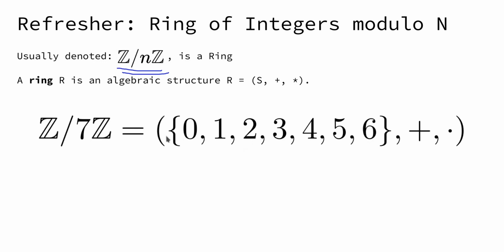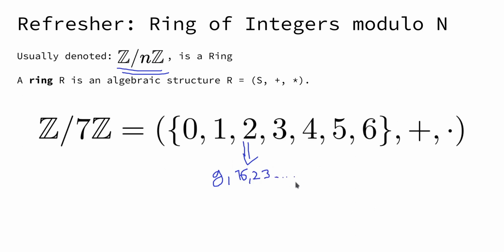But you have to remember these numbers here are actually equivalence classes. So this 2 here stands for all numbers that are congruent to 2. So it also stands for 9, for example, for 16, 23, and so on.